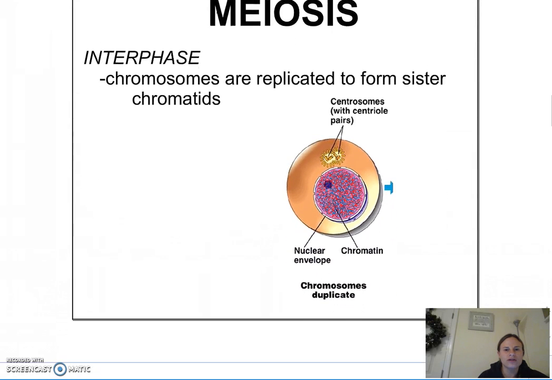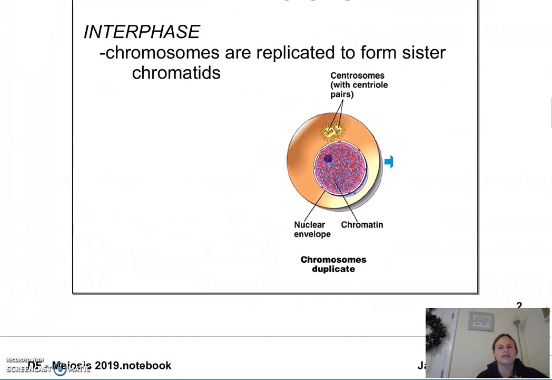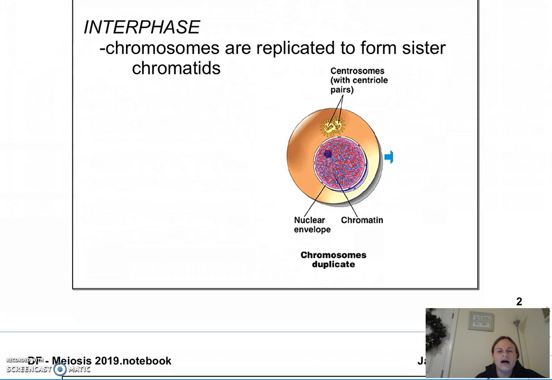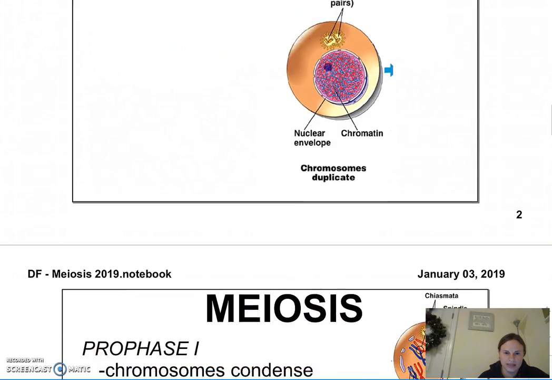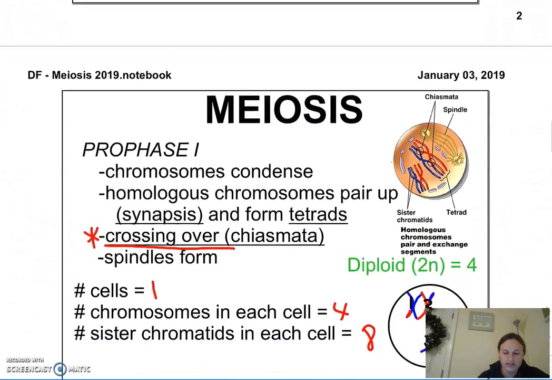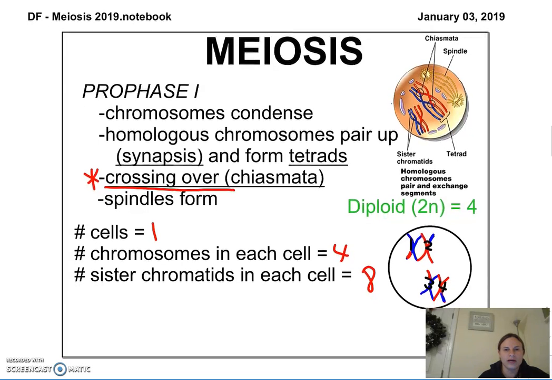Before meiosis occurs, interphase occurs. And we know this. It's part of the cell cycle. During interphase, the S phase of interphase specifically, chromosomes are replicated and I get sister chromatids. So now starts the first part of meiosis.